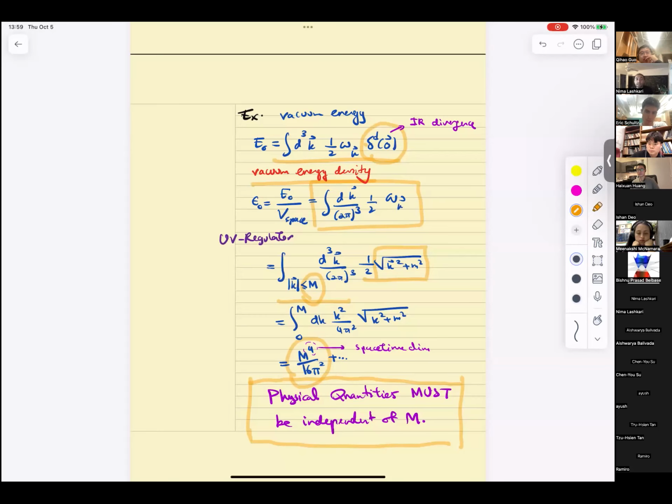We found something that depended on M. Here is a principle of quantum field theory. If you don't want to produce garbage, if you want to have a sensible theory, your physical quantities must be independent of it. Otherwise, we're talking nonsense because you might regulate it differently than I do, and we don't have a theory that describes it, right?